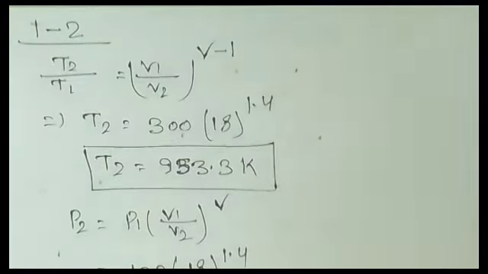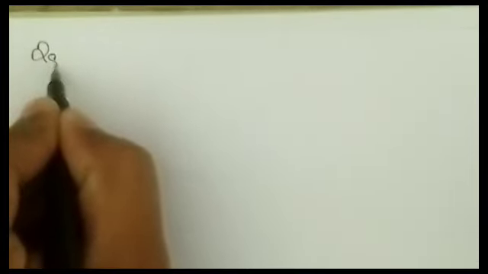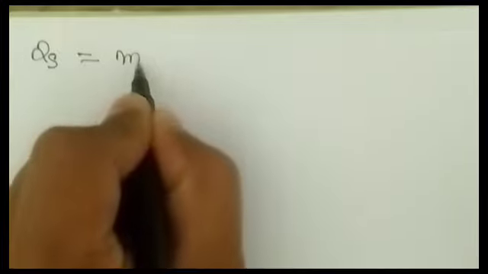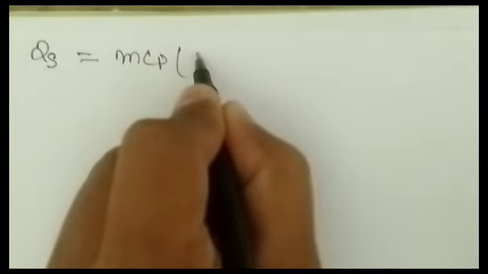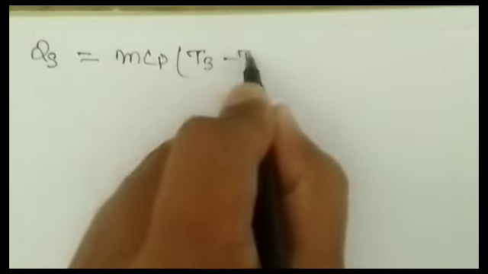So for that, first of all we will see the heat supplied, thermal efficiency, and then we will find out the net work. So first, heat supplied Qs is equal to what? mCp, that is T3 minus T2, right?